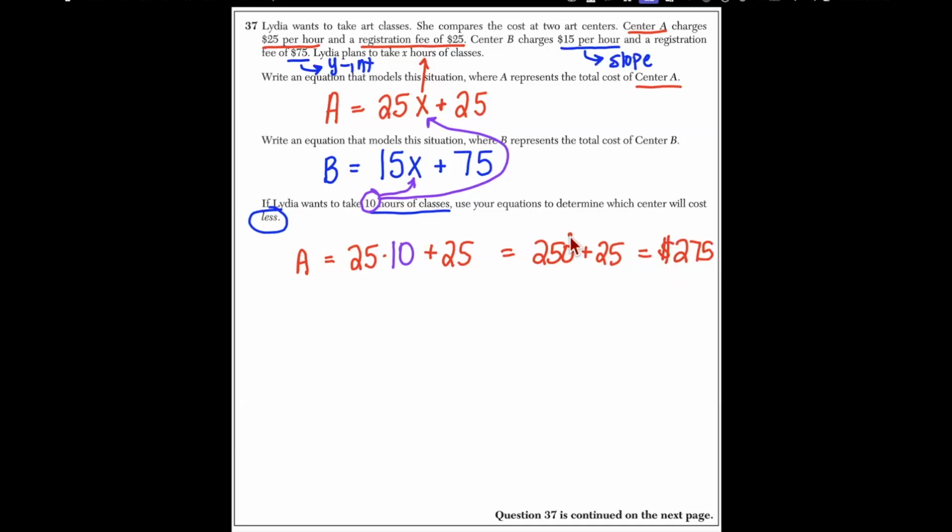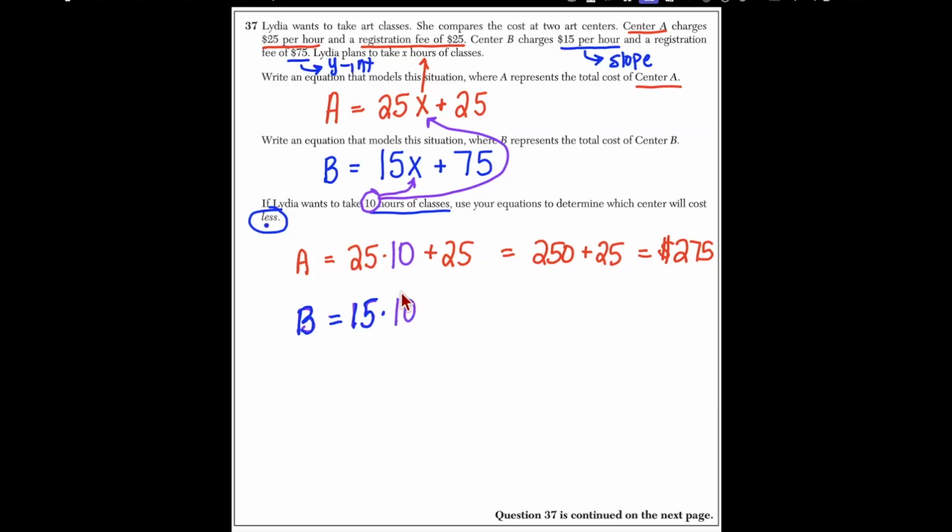Now same thing, let's go on to center B. So center B, again, this here, 15. Whoops. I wanted to use blue for that. And I lost my blue. There she is. Okay, so for center B, it's going to be that $15 per hour multiplied by the number of hours, which like the last one was 10.